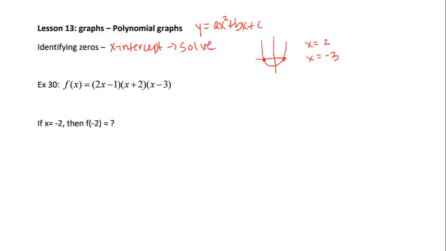Well, if I give you this problem, yes, you can type this in the decimals, and you can look and see where they hit the x-axis. But if you recognize this is already in factored form, so I can set each one of these equal to 0. And then if I solve this one, this is going to turn into 1/2, this is going to turn into -2, and this will turn into +3.